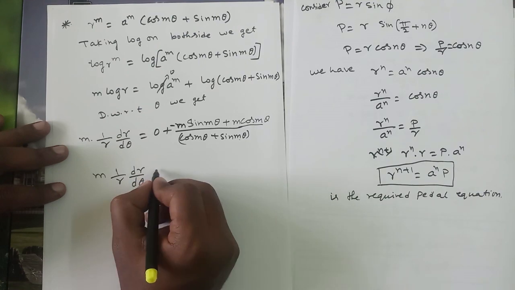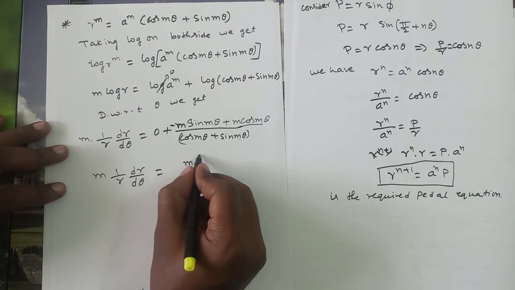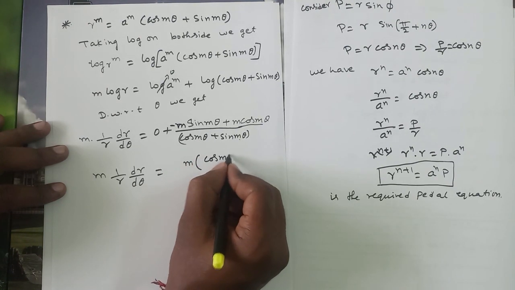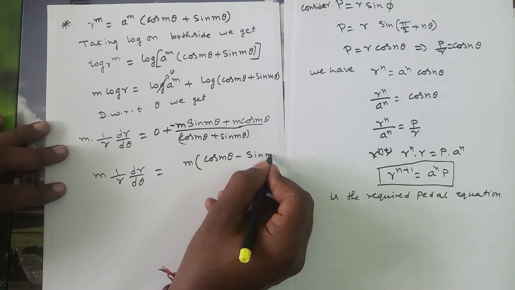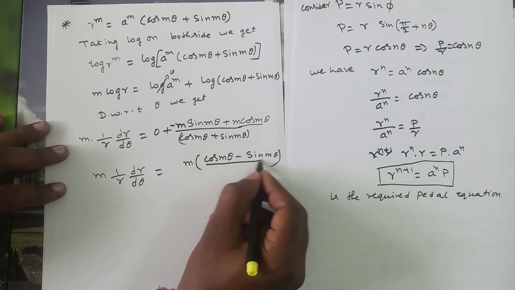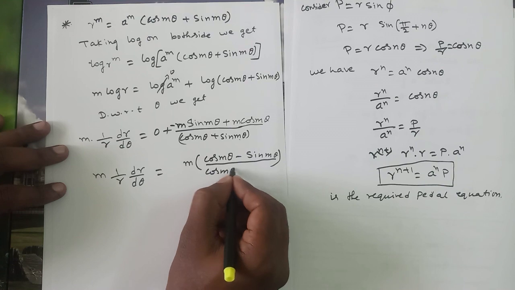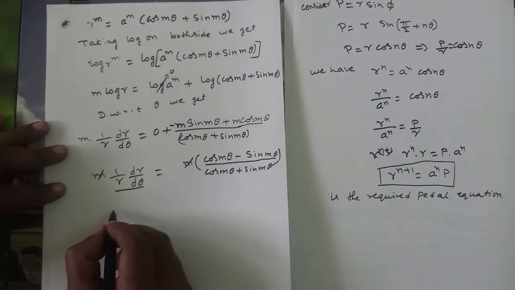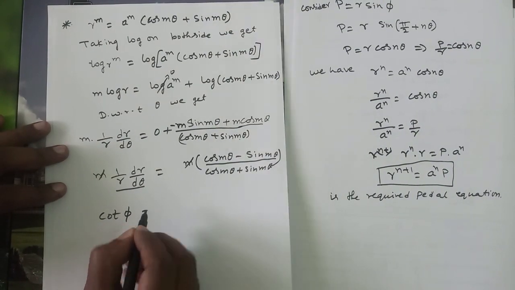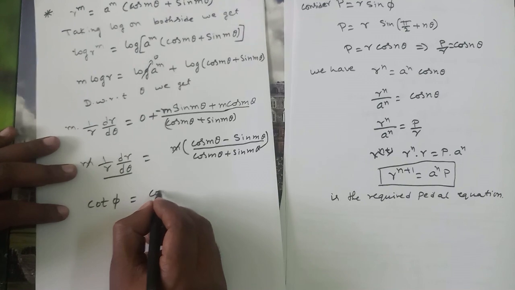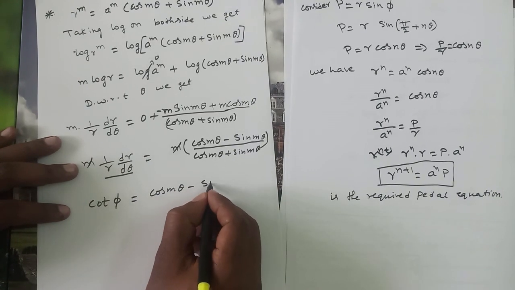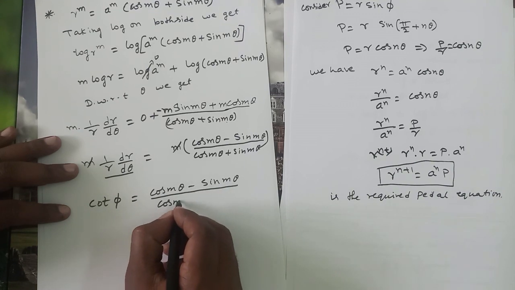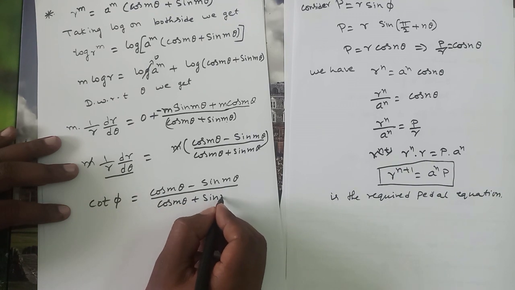So 1 by r into dr by d theta equals, if I take m common, I write cos m theta first, minus sin m theta whole divided by cos m theta plus sin m theta. So m gets cancelled, and this can be written as cot phi equals cos m theta minus sin m theta whole divided by cos m theta plus sin m theta.